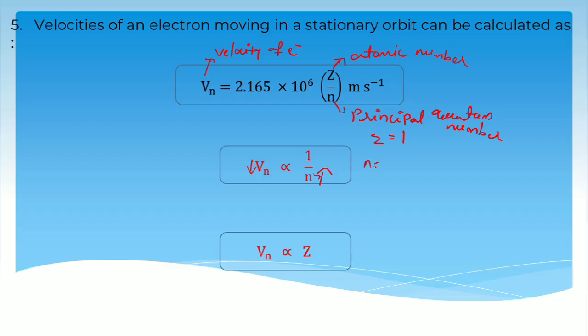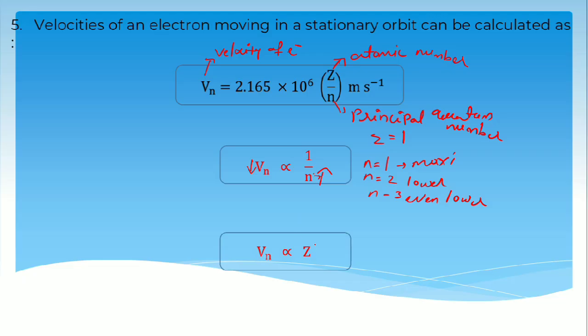For example, n equals 1 gives maximum velocity, n equals 2 is lower, n equals 3 is even lower. So electrons move fastest in the first orbit.